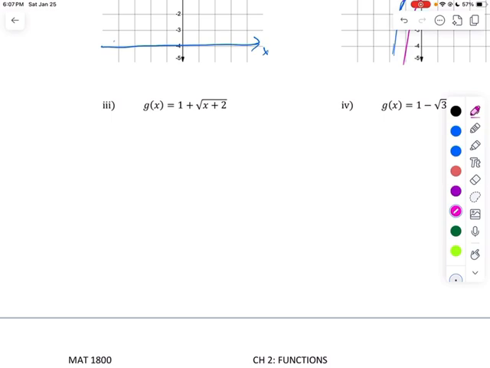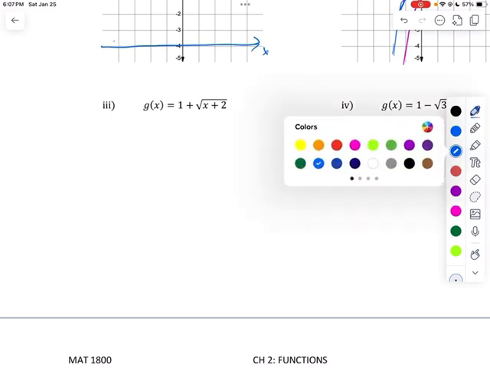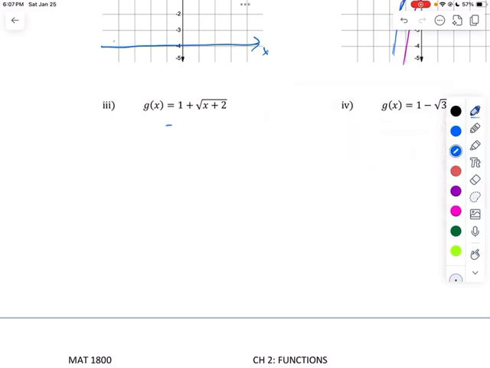So this can easily be written as square root of x plus 2 plus 1. Okay? Which means whatever the graph of square root of x plus 2, we will have to eventually raise it 1 unit up. So this is giving us the transformation 1 unit up.